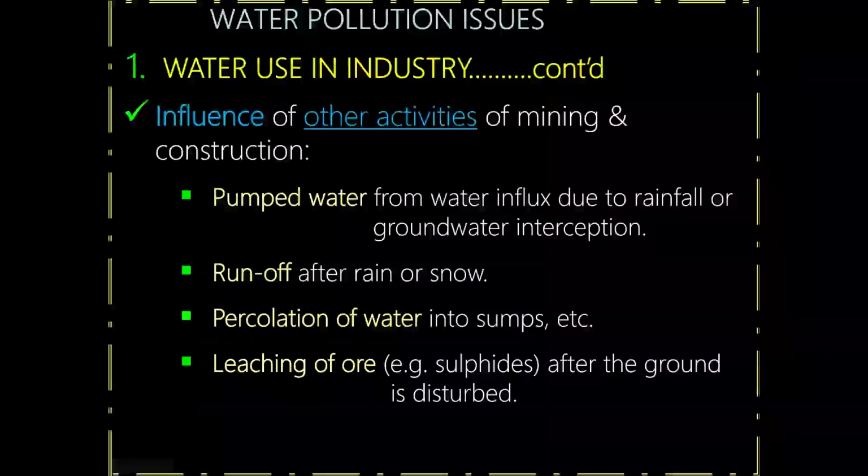Another activity that can influence mining and construction is runoff after rainwater or snow. This runoff usually occurs when water flows freely over the ground. When it rains, you see water moving on the ground surface.